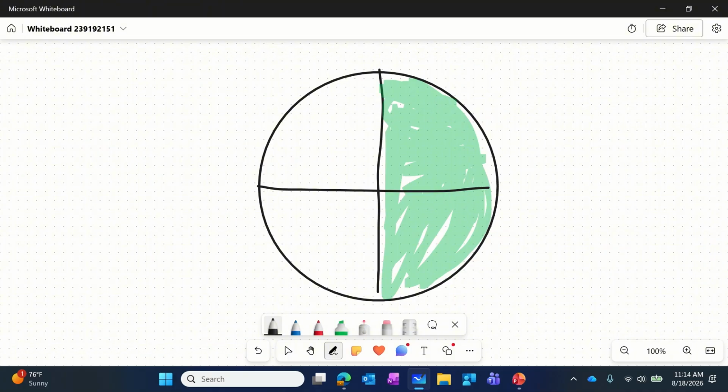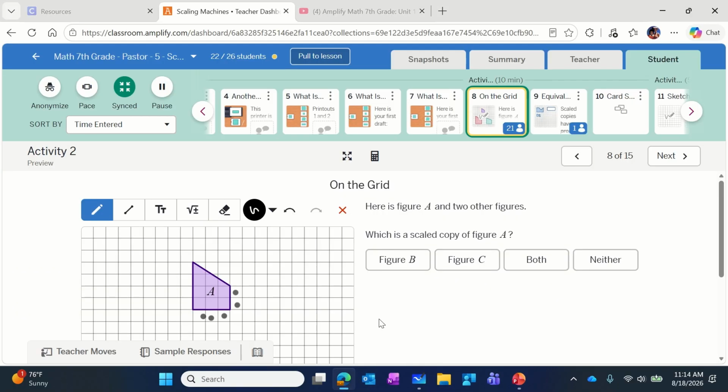I still have half, right? I have 2 out of 4, 2/4, which is still a half. If I keep cutting this even more, how much of the pizza do I have? I have how many slices out of how many slices? 4 out of 8, which is still half. That's what we're doing with the scaling. We're basically making a ratio that is still equivalent, okay? Which is what you guys just did with that rectangle. So, going back to this.